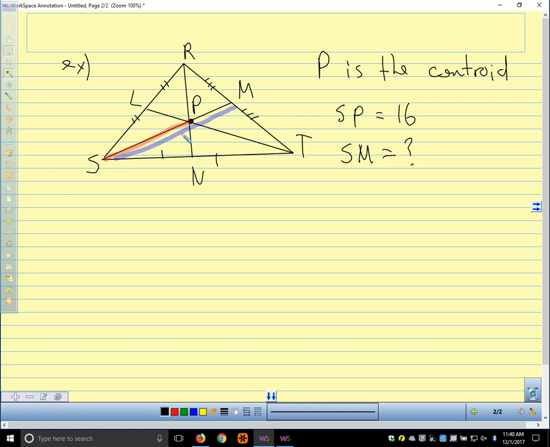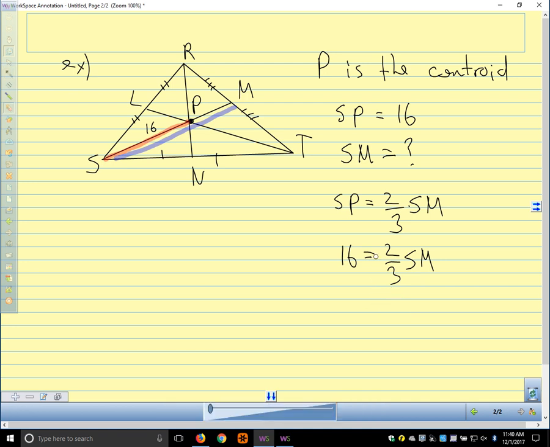From the vertex to the centroid is 2/3. So this is 16. That's 2/3. This is 1/3. So SP is 2/3 of the total distance, SM. Well, SP is 16. It's 2/3 of SM.